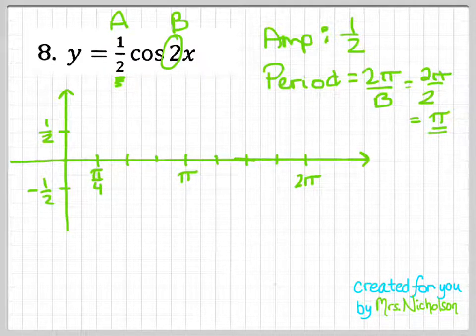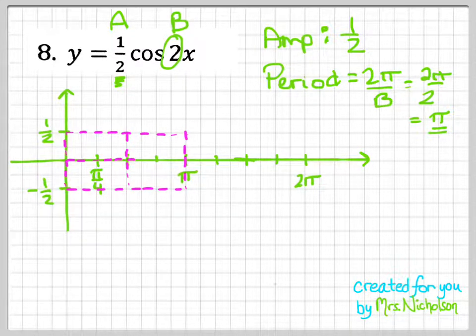I don't have any shifts here, so my window pane is going to start right here at the y-axis. The midline is the x-axis, and my period is pi, so that means I need to finish the graph by the time I get to pi. Amplitude is 1/2, so that's the bottom of my window pane. Here's the top of my window pane, and there's the middle.